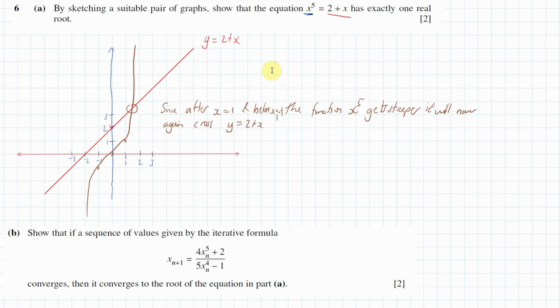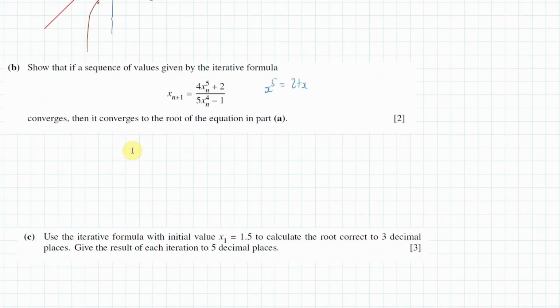Now the next thing is we have to show that if the sequence of values given by this iterative formula converges, it converges to the equation found above. In other words, this equation here. So what I'm trying to do is show that this gives us x to the power of 5 is equal to 2 plus x. Alright, well that's fairly easy.